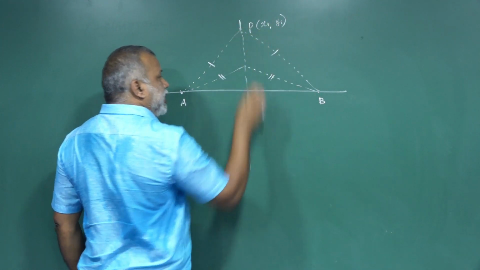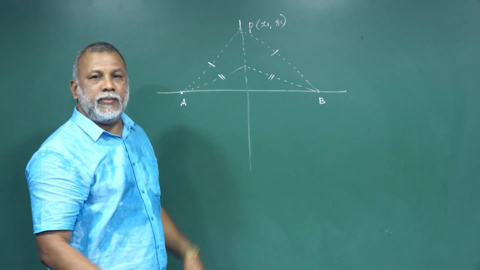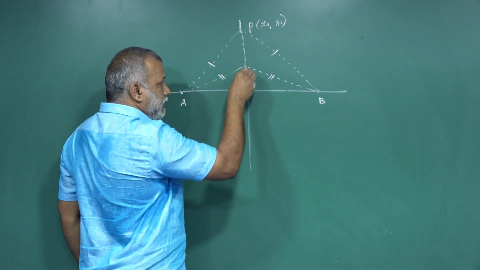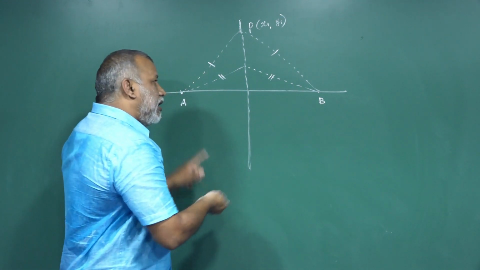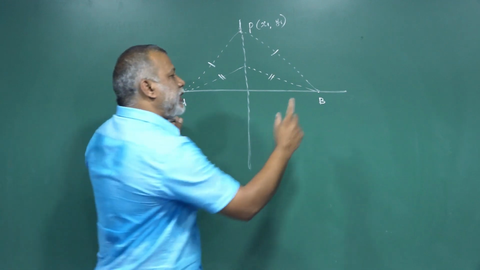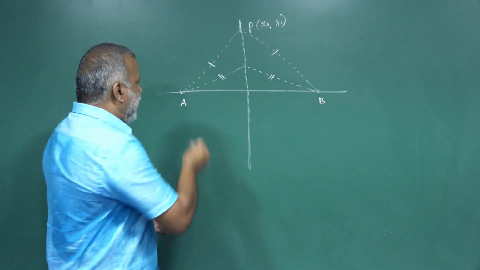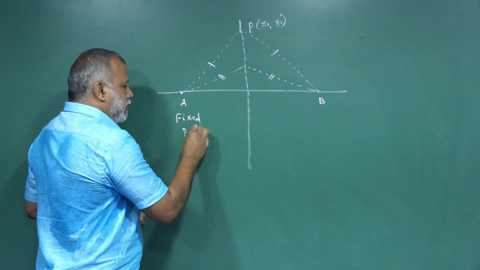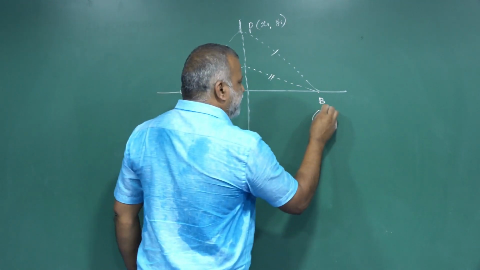Now this point P(x1, y1) is moving this way. It always maintains the same distance from the two fixed points A and B. A is one fixed point, and B is also one fixed point.